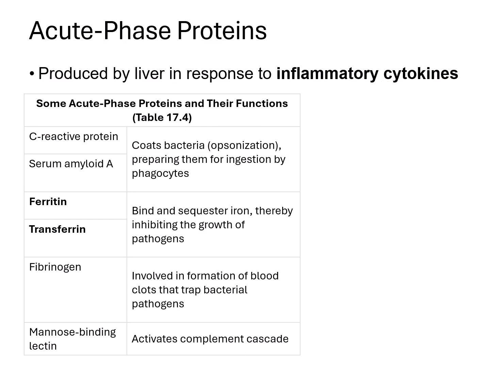Our next set of acute phase proteins are ferritin and transferrin, and both of these bind to and sequester iron, kind of like a sponge. They soak it up, and therefore they are going to take away the iron that some pathogens need to grow. So that will inhibit microbial growth.